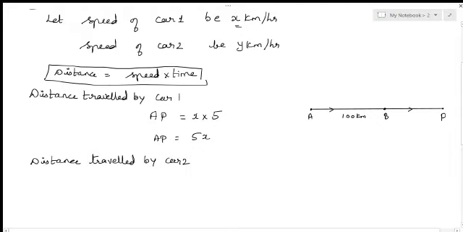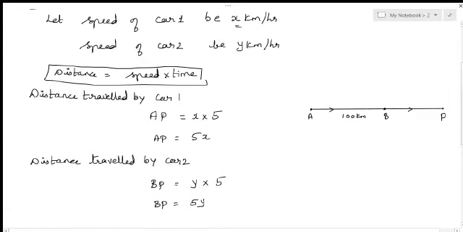So car 2 starts from B and it reaches P. So PB equal to speed of car 2, which is y, into time taken, 5 hours. So BP equal to 5y.